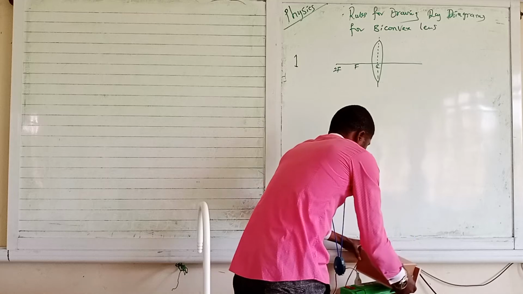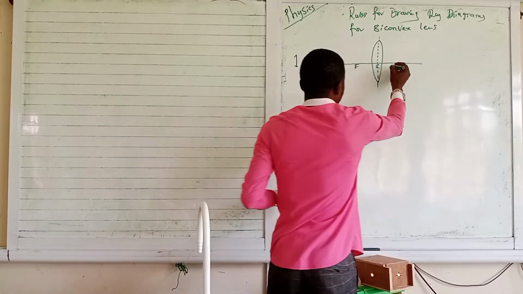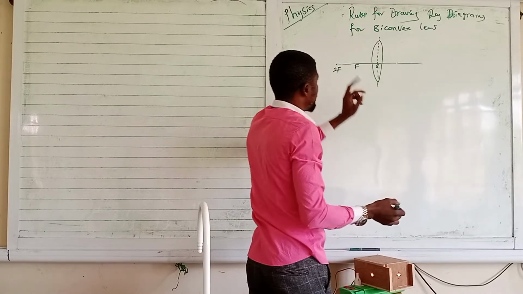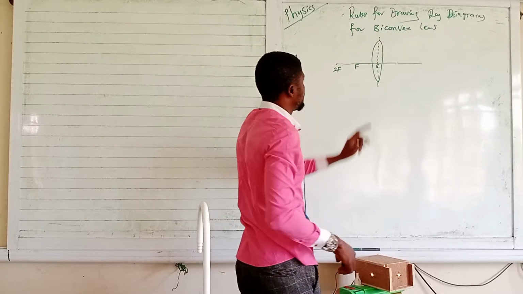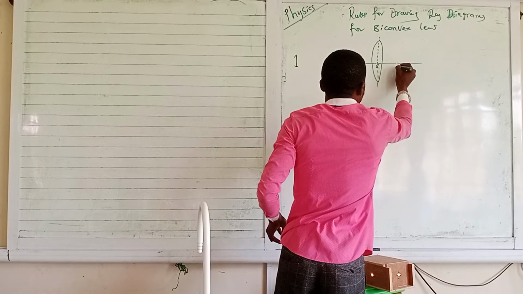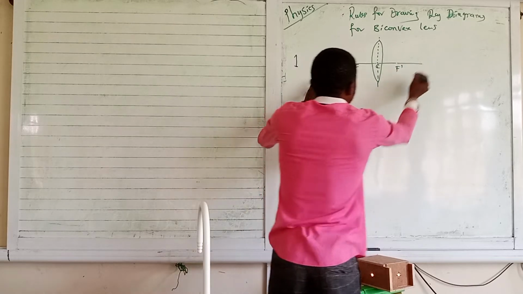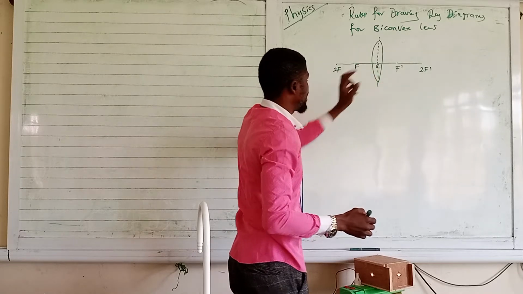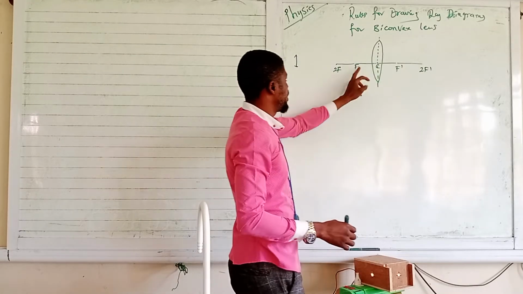So we write here, mind you, the distance from here to here must be the same as the distance from here to here. So we write here as what? Our F prime, and here as our 2F prime. The distance from here to here must be the same as from here to here.